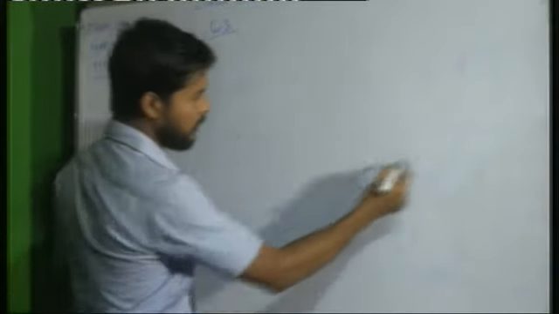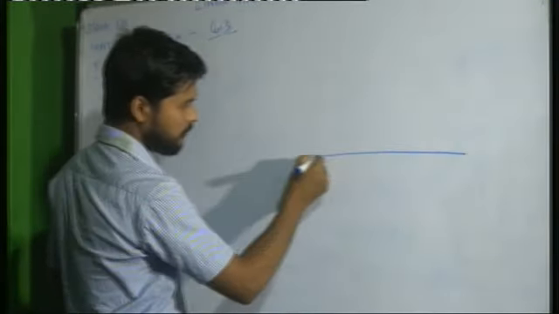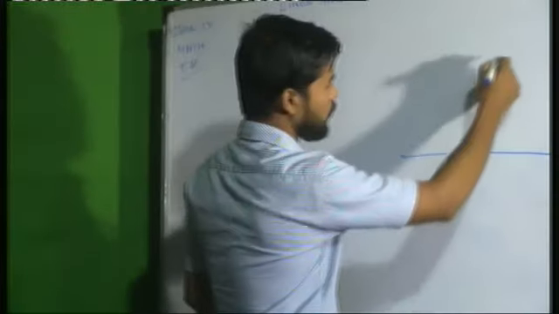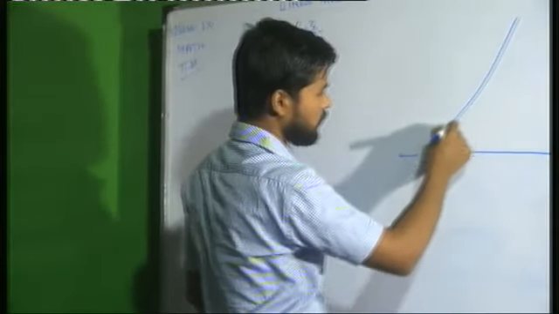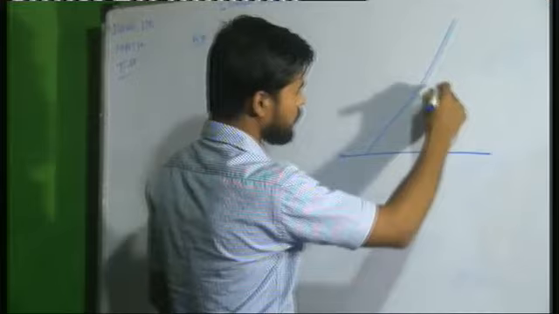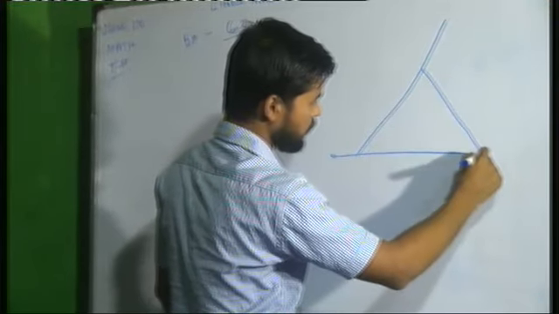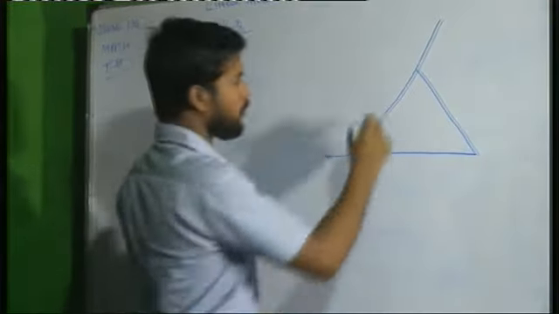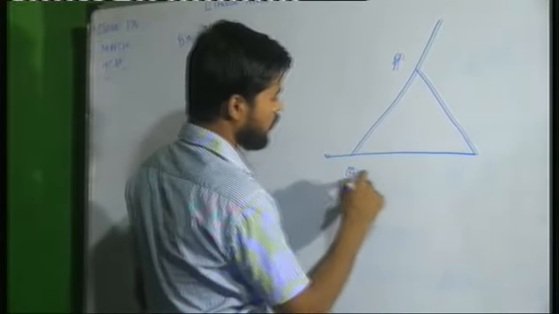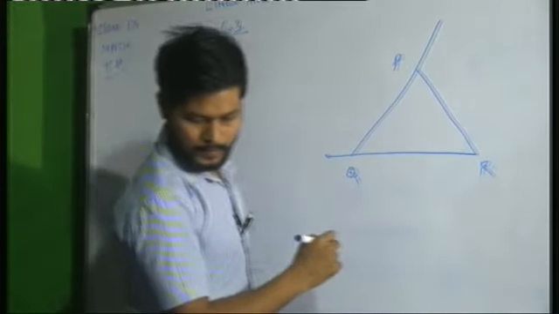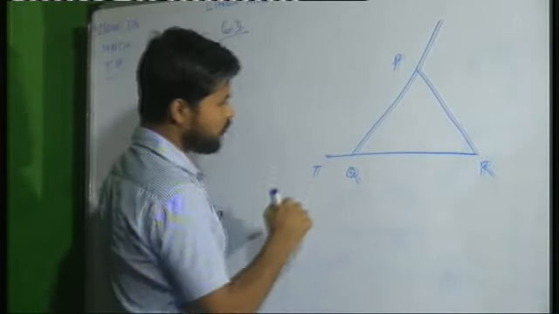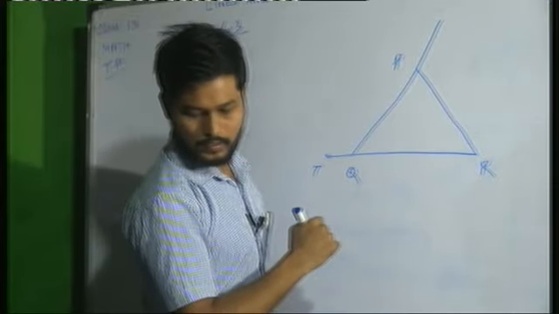So draw the diagram. The name of the triangle is PQR. This side is produced to T, and this side is produced to S.